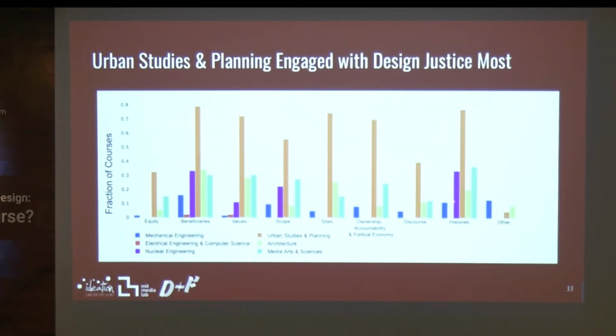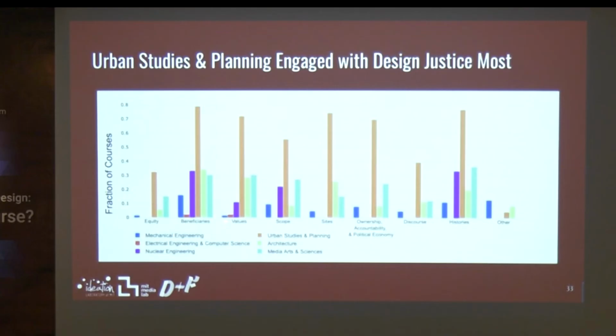That's the purple. That's a department where there is some discussion around things that have gone wrong in the past, nuclear disasters that have happened, and how you avoid those things in the future. So that's a bigger part of the discourse than it is in some other engineering disciplines. You'll see that architecture, media arts, and sciences also have a higher presence.